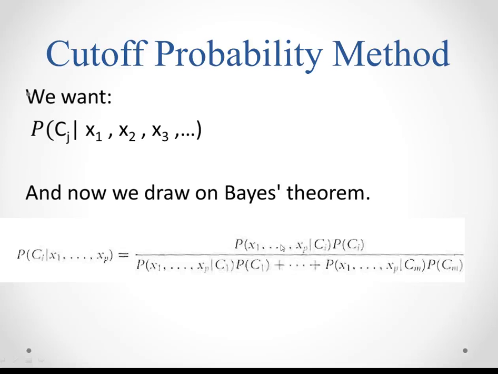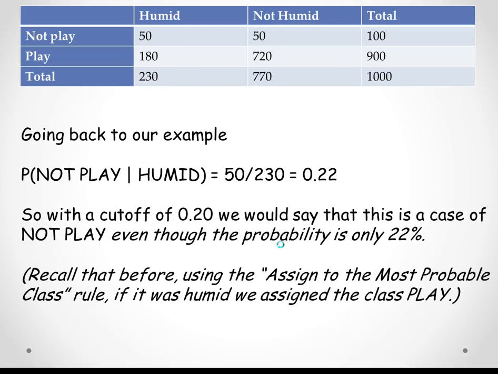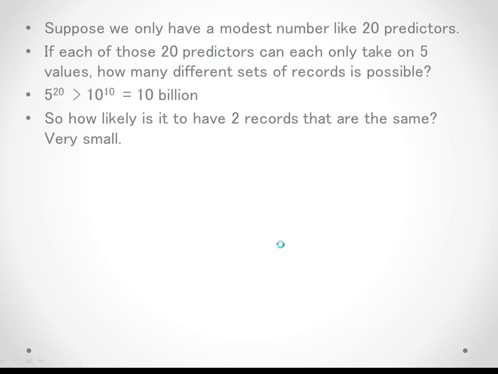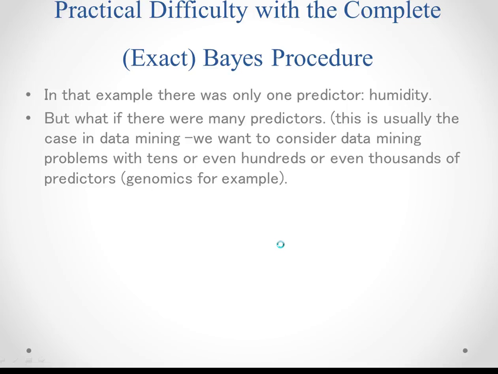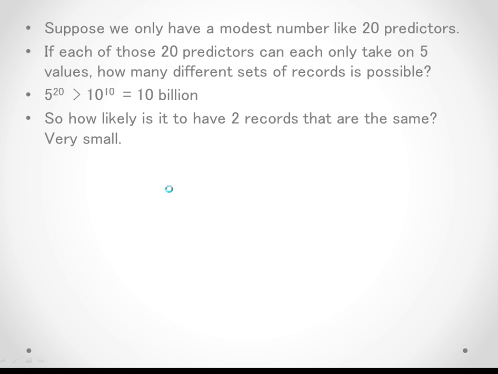Now, the practical difficulty with the complete Bayes procedure: in that example there was only one predictor, humidity, but what if there were many predictors? This is usually the case in data mining. We want to consider problems with tens or even hundreds or thousands of predictors. Suppose we have only a modest number, like 20 predictors, and each can take on just 5 values.